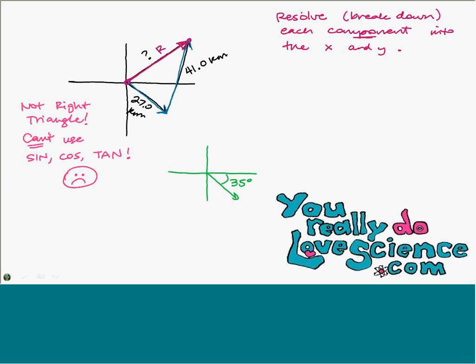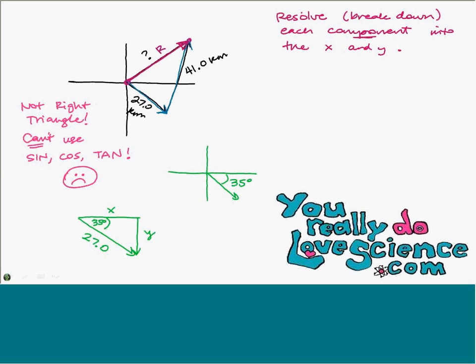What we're going to do is make a triangle over here. I'm going to say 27.0, and this is your x component, and this is your y component, and this is 35 degrees. We're going to break this down to the x and y, then break down the other one into an x and y, and then add the x's to the x's and the y's to the y's.